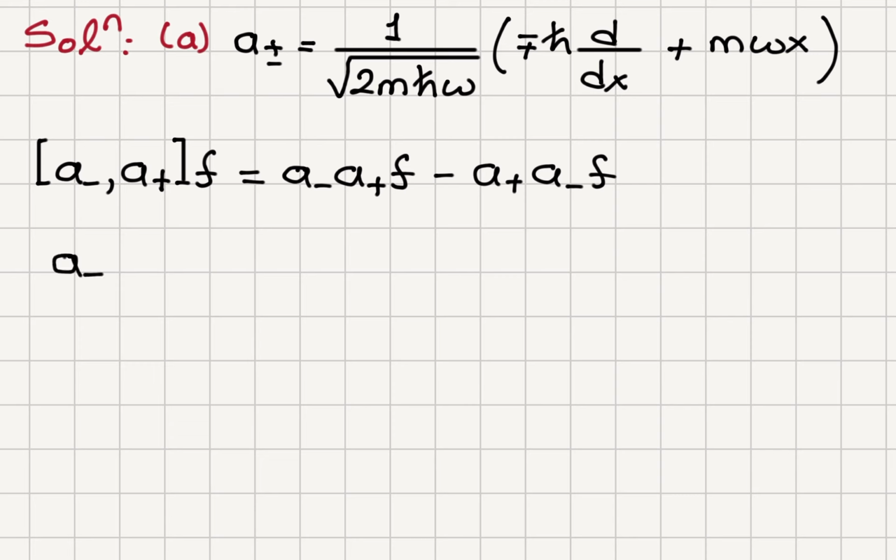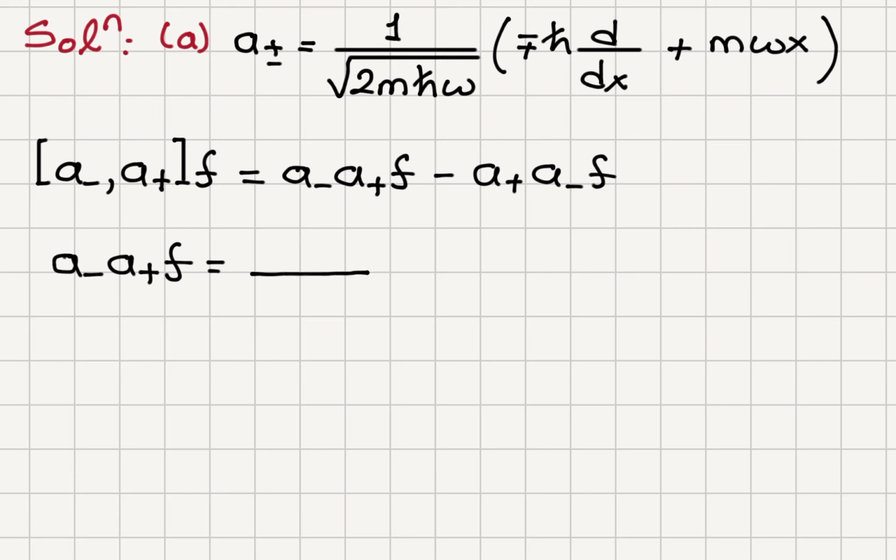The a minus operator applied to the a plus operator applied to f. That means we're applying 1 over the square root of 2m h bar omega. The a minus operator has a plus for this term and the a plus operator has a minus for this term, but they both have this factor, so we get the square of it.